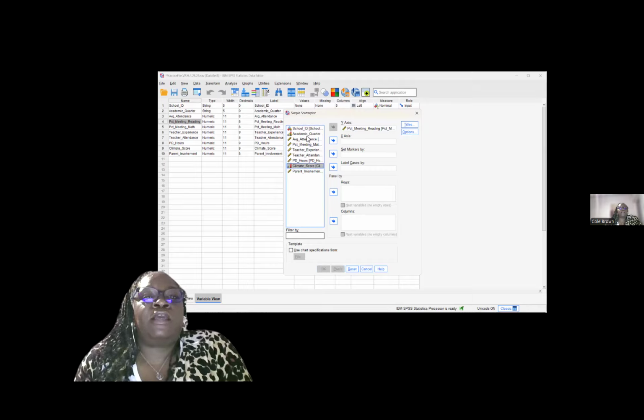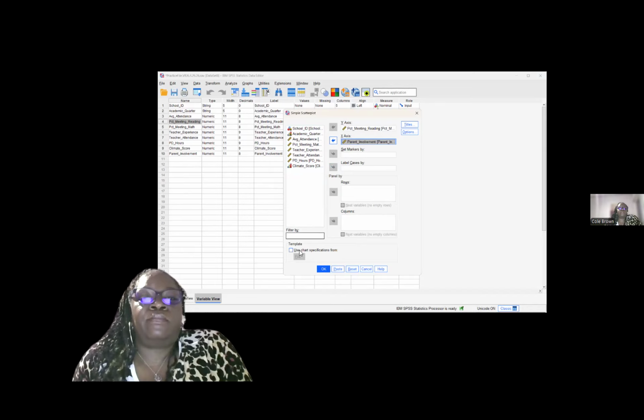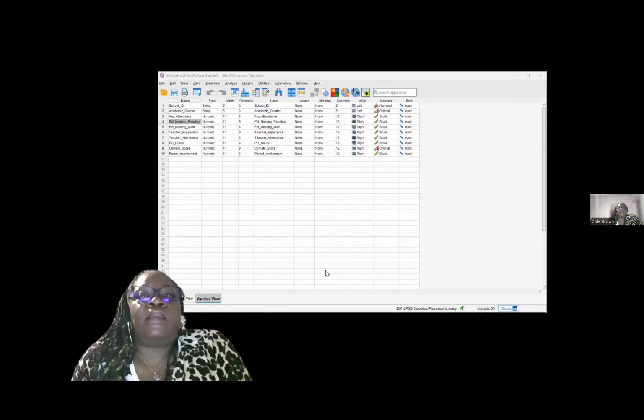And let's look at parental involvement. And click OK. And there's our graph for percentage of students meeting reading, and then parental involvement.